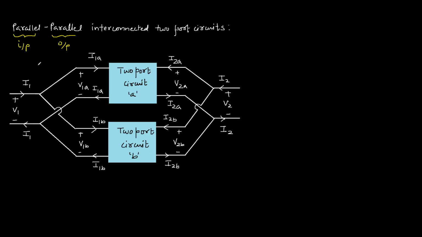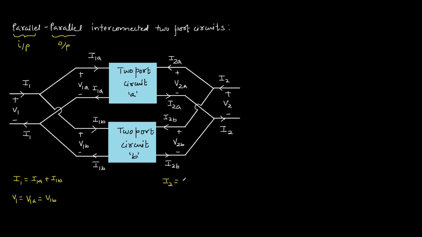So we can write for port 1 that I1 is the sum of I1A and I1B, and V1 is equal to V1A, and V1 is also equal to V1B. At port 2, I2 is divided in two parts.